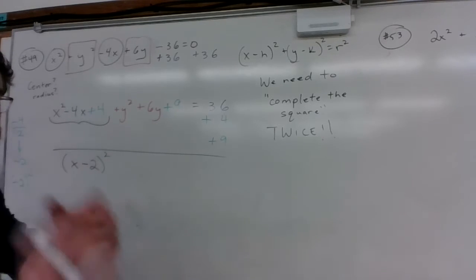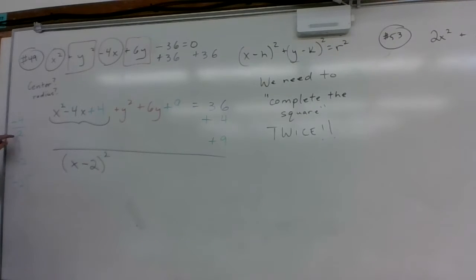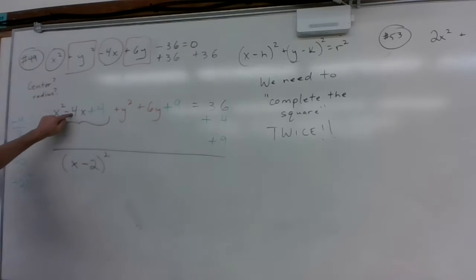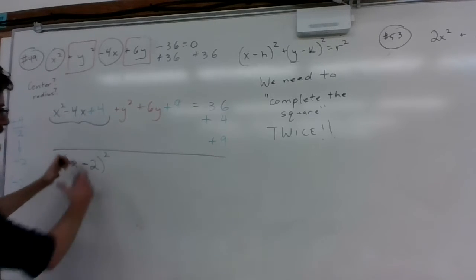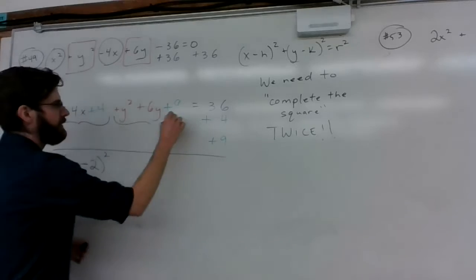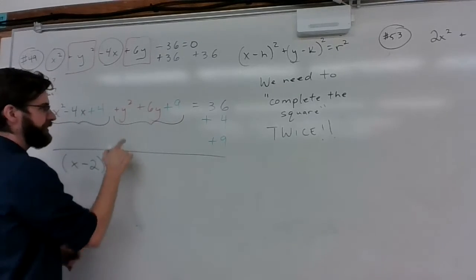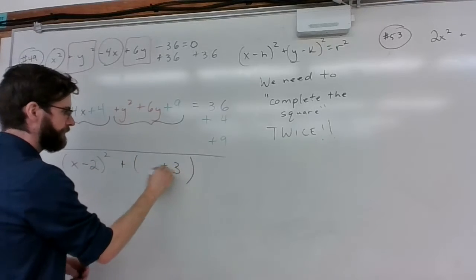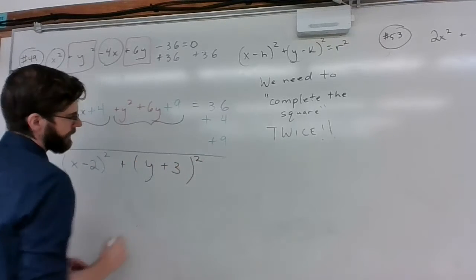So you did middle number divided by 2 squared to find that perfect number. And then you do middle number divided by 2 squared to factor it. So, I don't know if that helps. But this is going to be middle number divided by 2 squared.